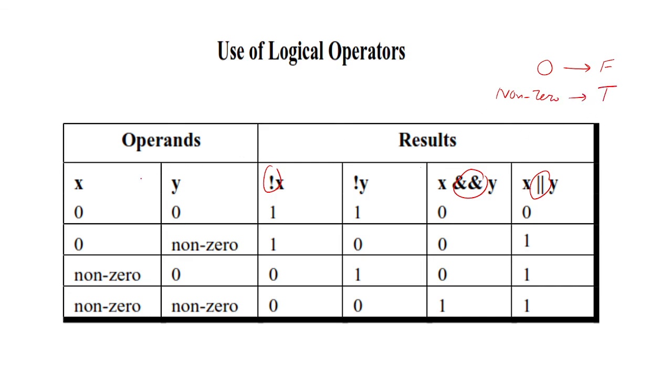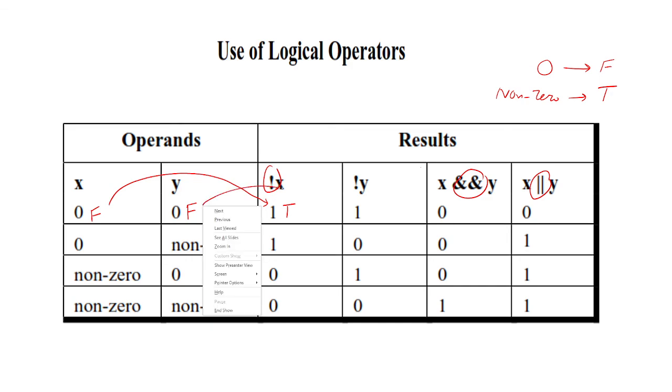So here if we say 0, we are saying it as false, and y is also false. So on complement of this, 0 will become 1, or you can say true. Here also on complementing of 0, it will become 1, or you can say true.